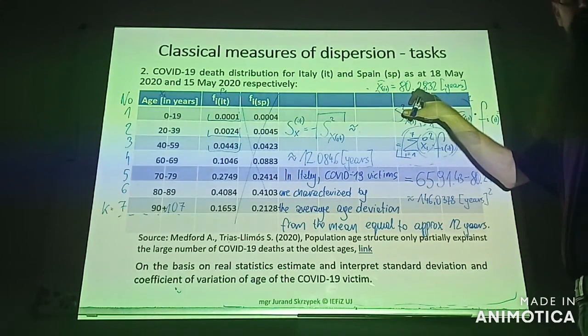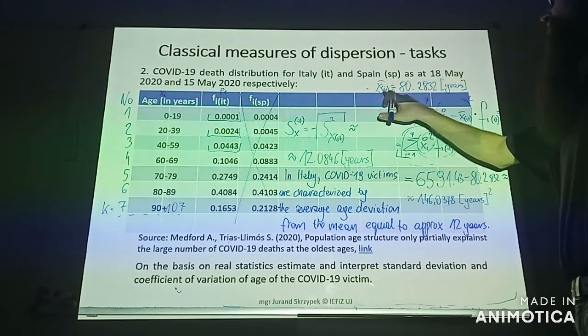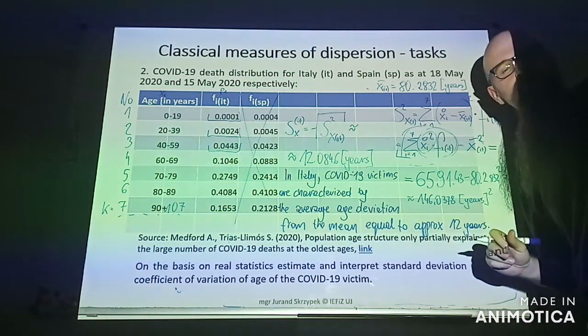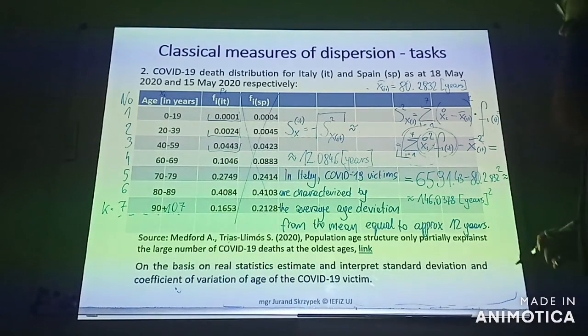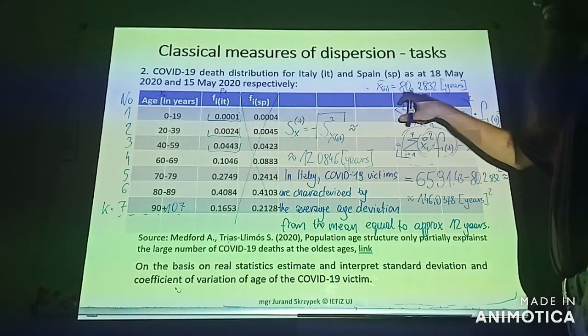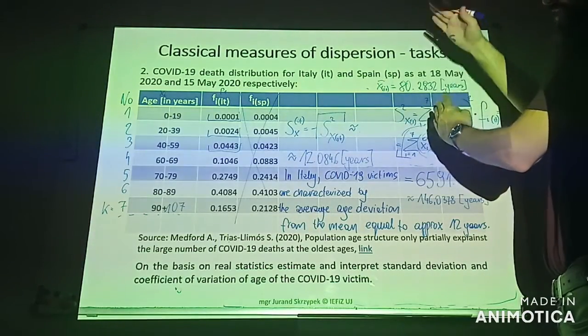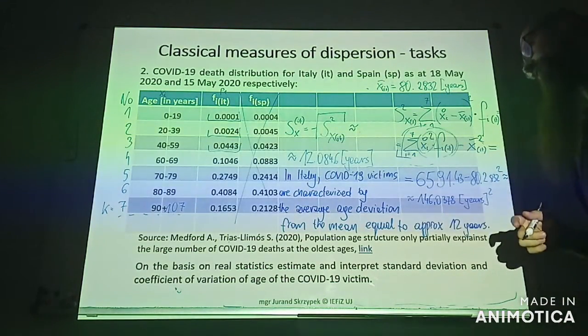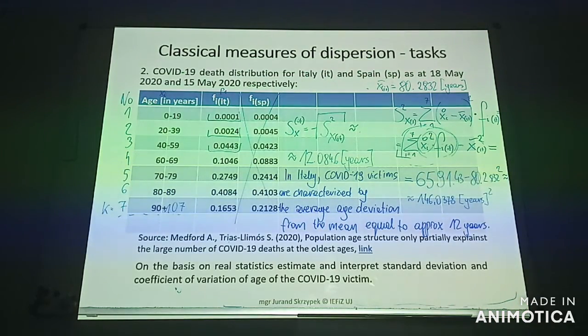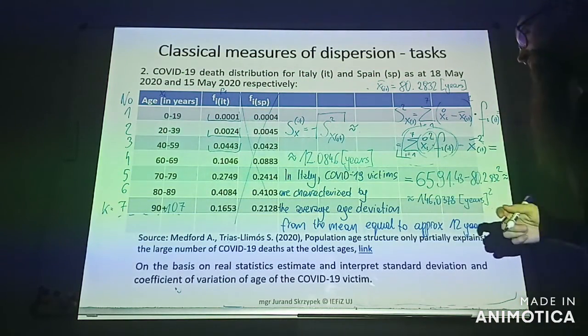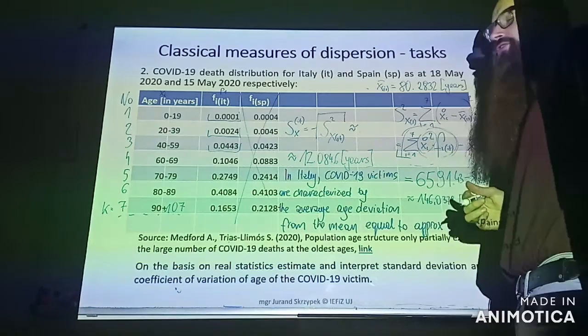We know the typical level of considered phenomenon, the average age of COVID-19 victims in Italy, and we know what? We know the average age deviation of COVID-19 victims.